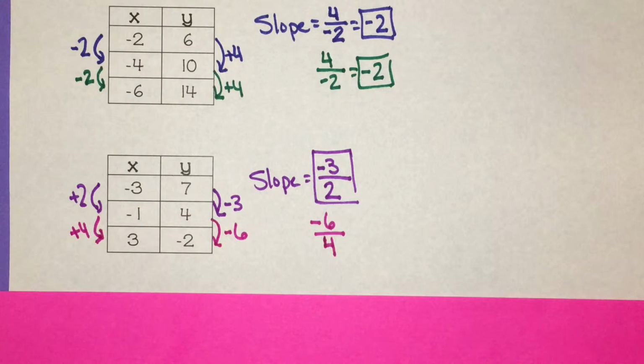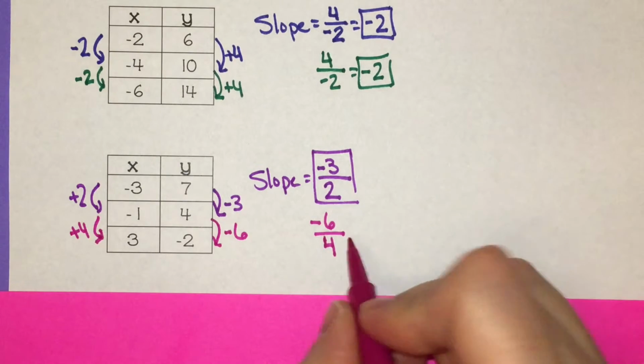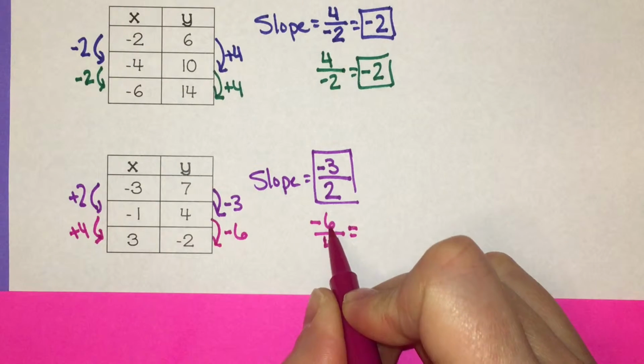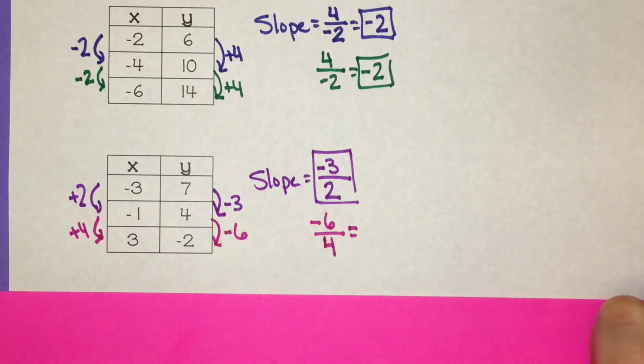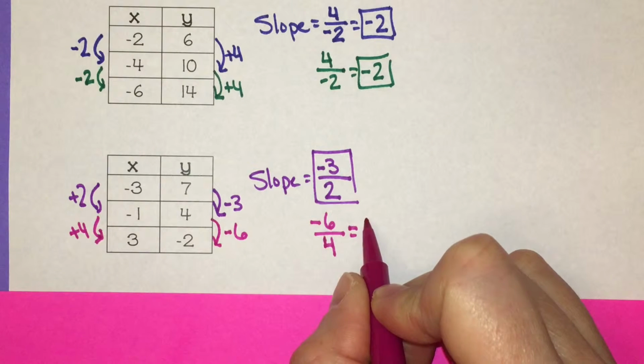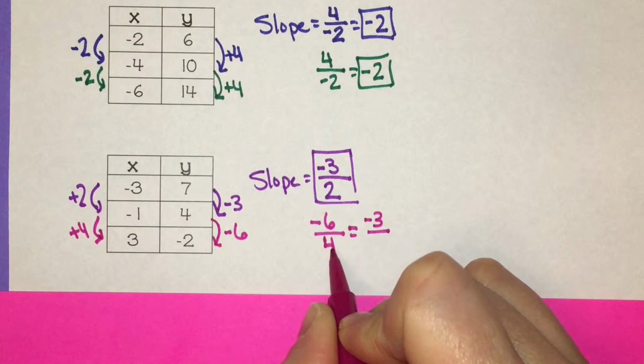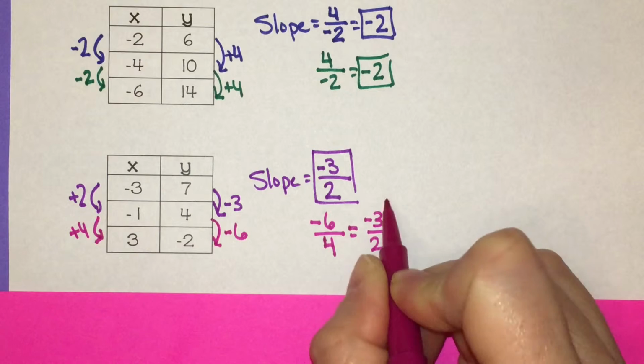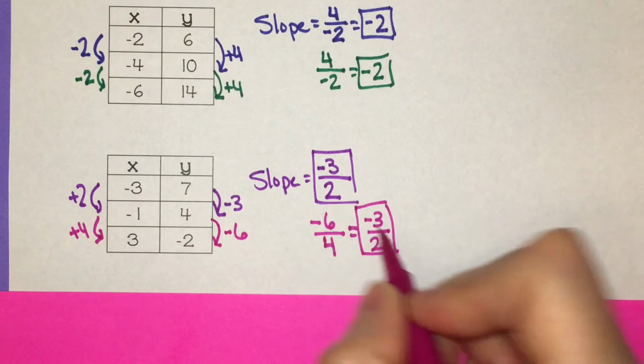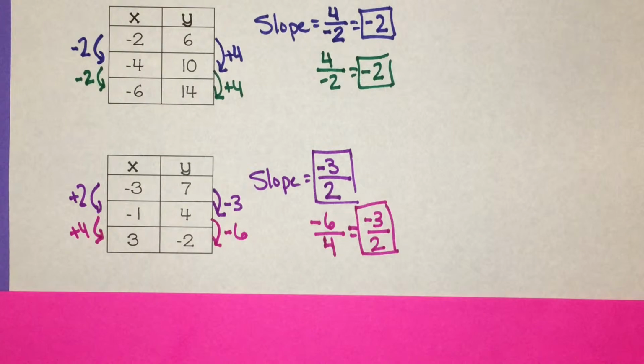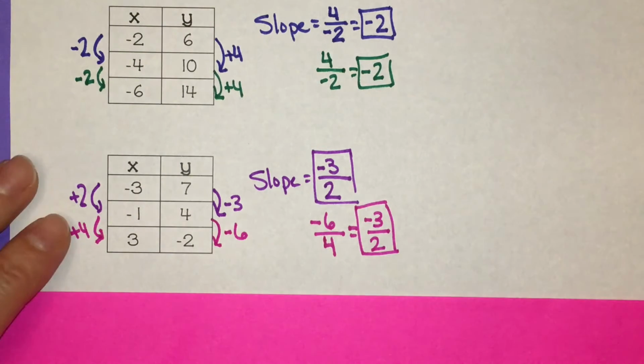You might be saying, well, those are different values. But if I reduce this, I can divide top and bottom by 2. -6 divided by 2 is -3. 4 divided by 2 is 2. It's actually the same thing. As long as you can reduce it and it's the same value, the slope is exactly the same. So it is linear. It's a straight line when graphed.